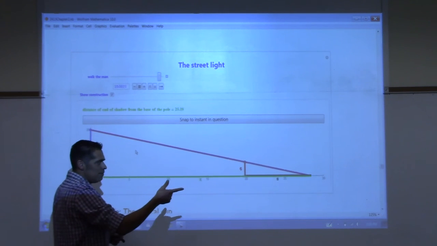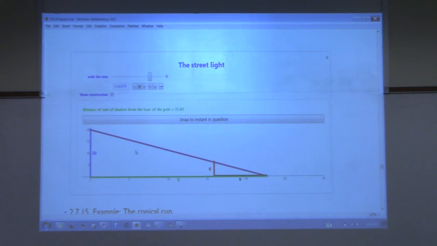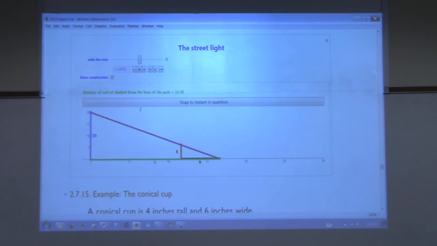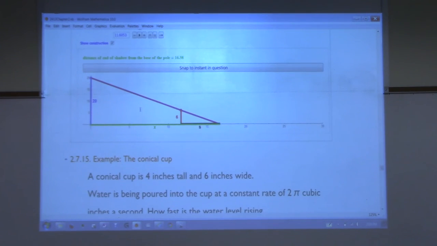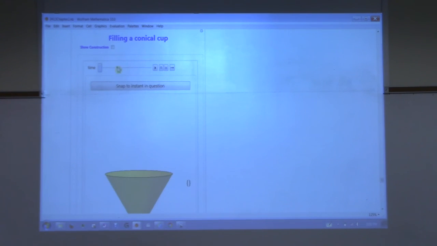Is it moving the same speed as the runner? No, it's slow. Well, we can argue about what it's doing. Calculus will give us the answer. I believe it's speeding up. I believe that problem turns out to be constant, which is not intuitive. The speed of the tip of the shadow is constant. It's weird. I like this one.